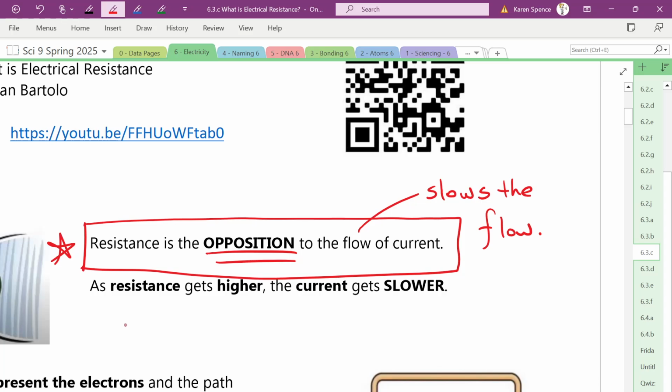Which of those two variables would be your independent variable? The resistance or the current? Have a chat with your neighbor about it. Of these two variables, resistance and current, which is the independent and which is the dependent variable?